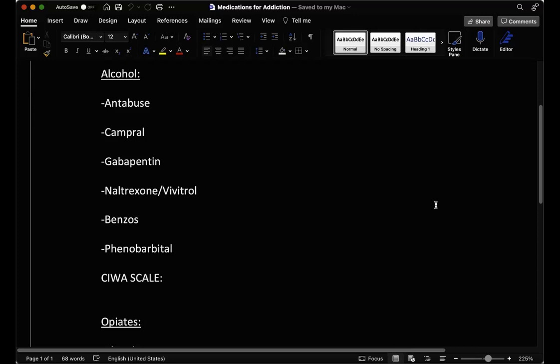So let's start with alcohol, and let's talk about alcohol as far as the withdrawal. I think most of us know that alcohol, as well as benzodiazepines, are the two substances I would focus on.